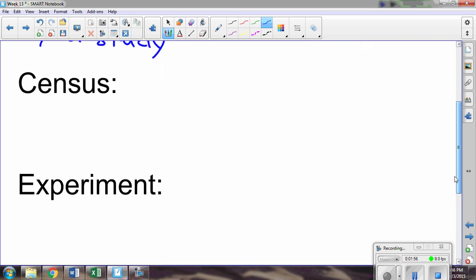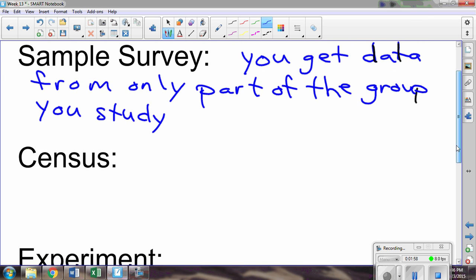Okay, a census is different from a sample survey only in the characteristic of who you're doing your research on.